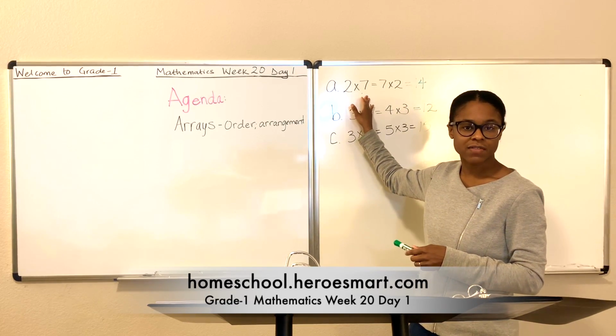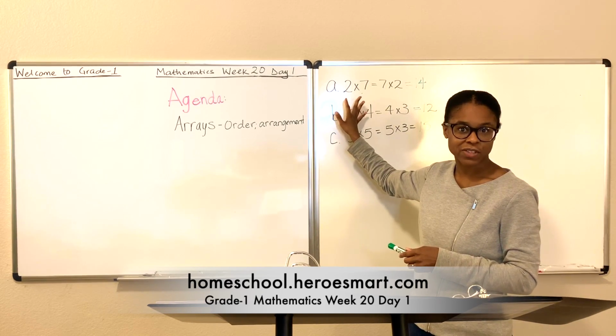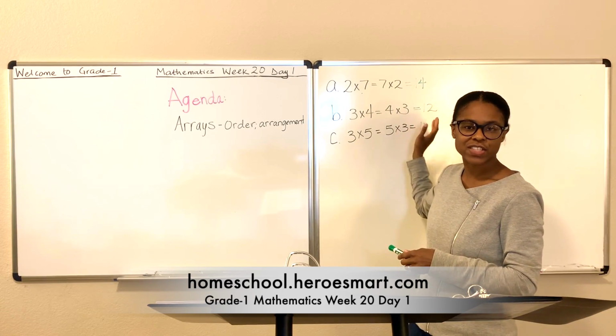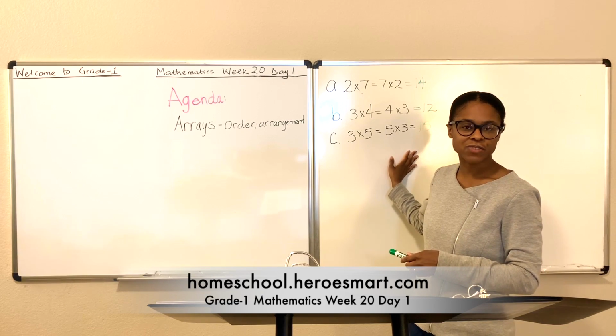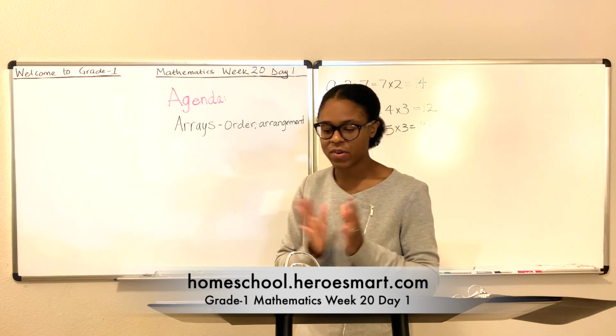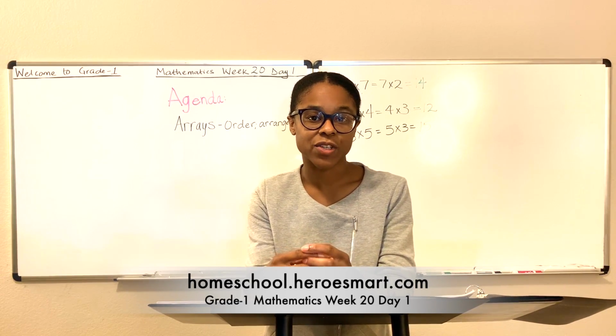Whether it's 2 times 7 or 7 times 2, as long as both 2 and 7 are in there, it's okay. Whether it's 3 times 4 or 4 times 3 doesn't matter. It's still going to give you the same answer. Whether it's 3 rows of 5 or 5 rows of 3, you're still going to get 15. So that's sort of the big takeaway here. We call those arrays, the way we decide to order our units.